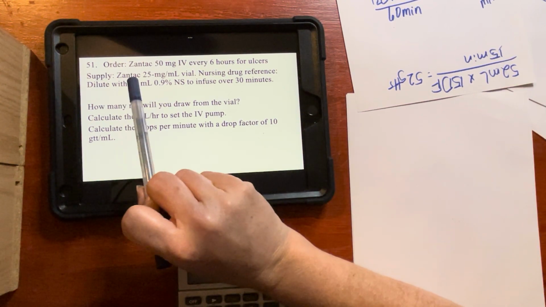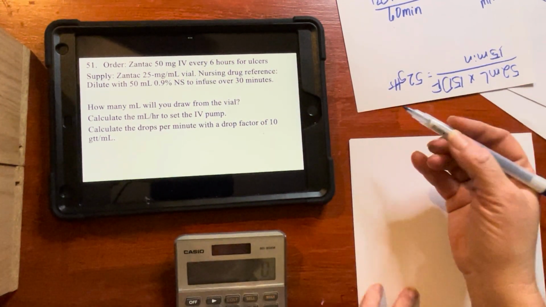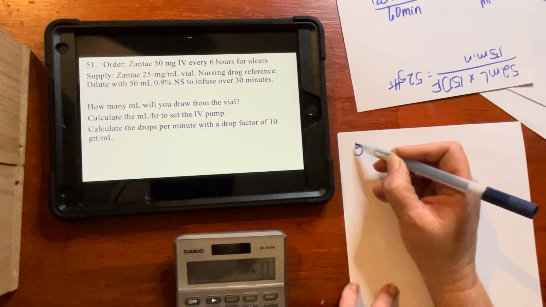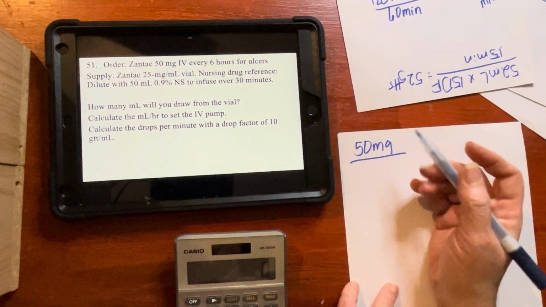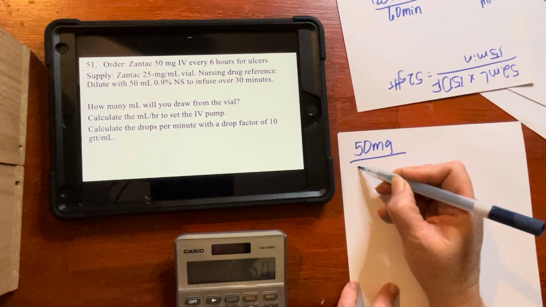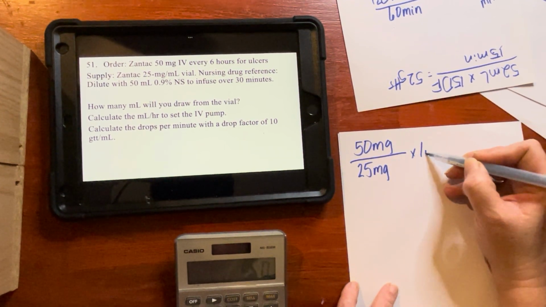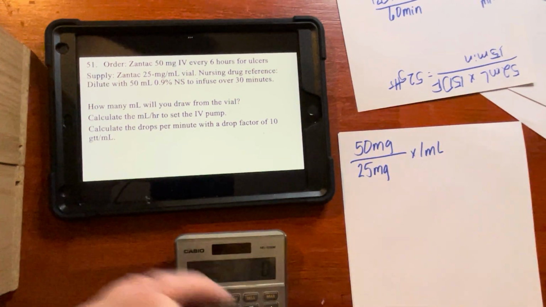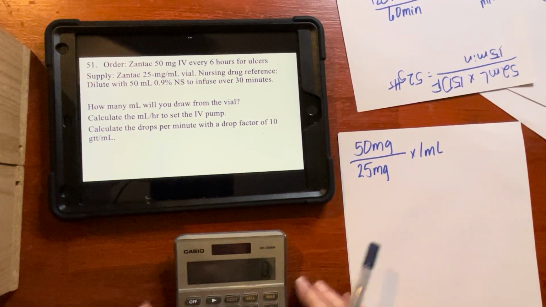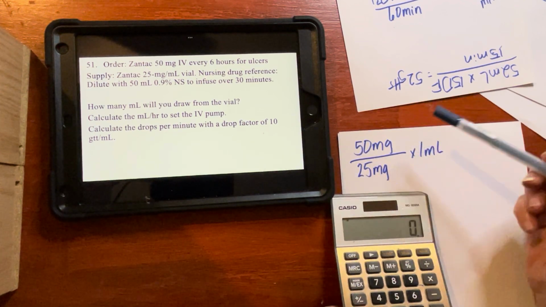So what he wants is for them to get 50 milligrams. What we have is a vial that the strength of it is 25 milligrams per 1 ml. And we're going to do this math and see how much we got to pull out of the vial.